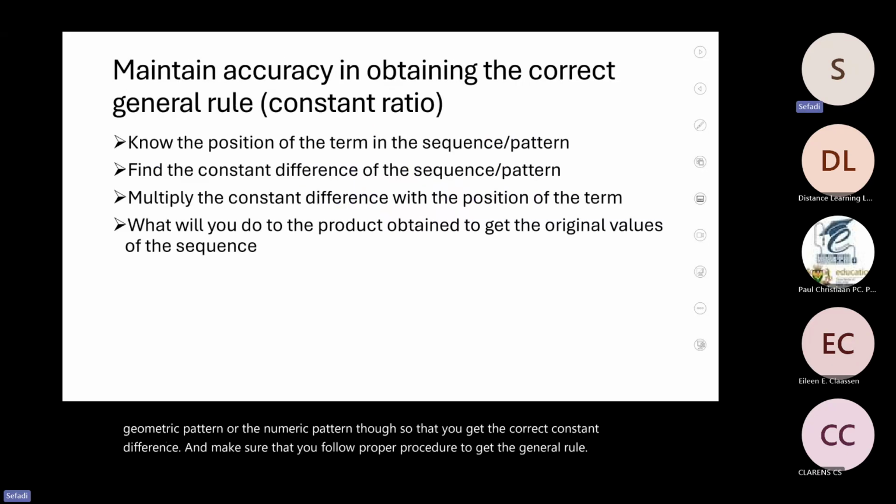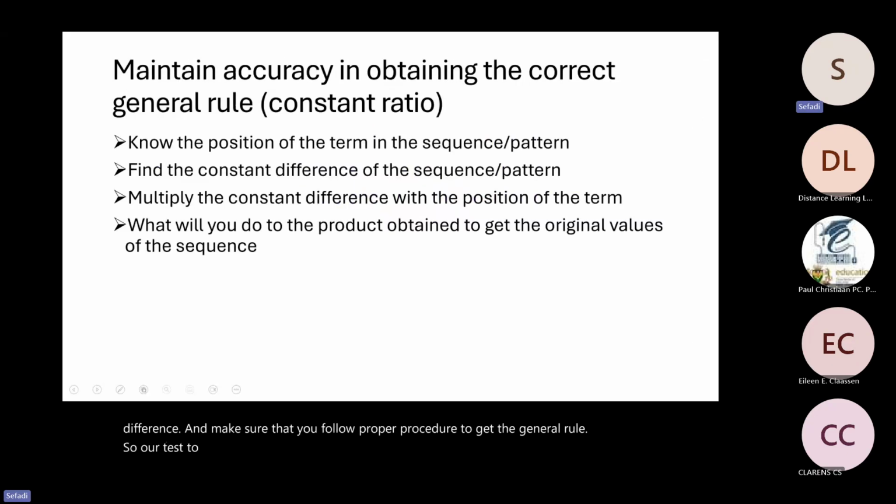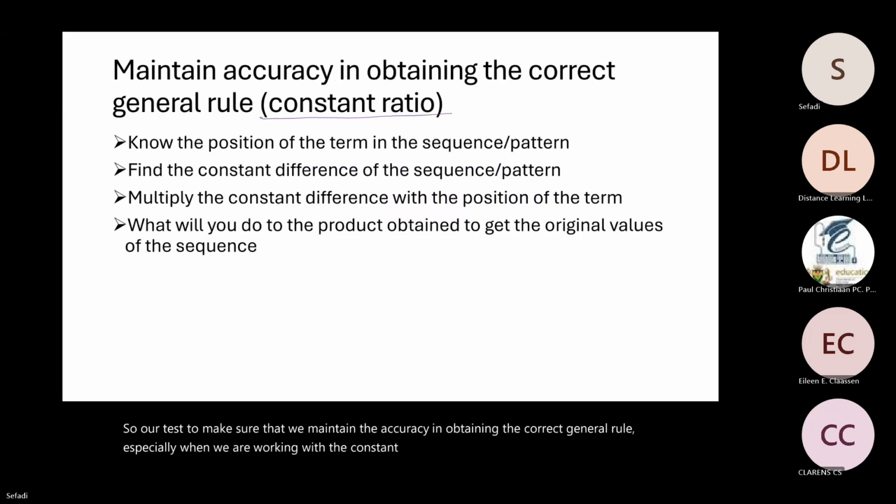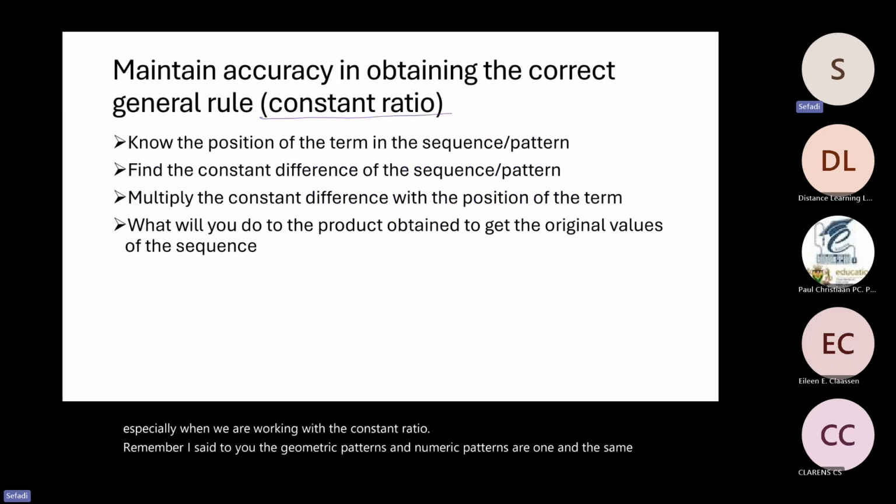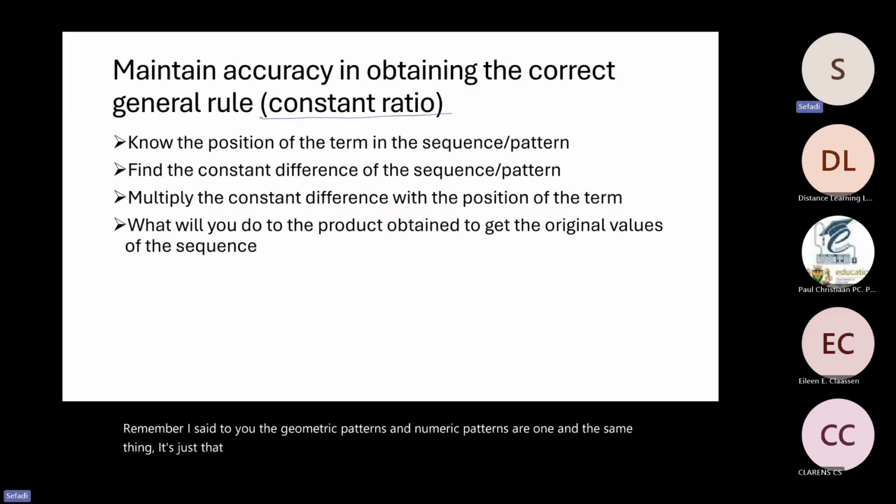So I want us to make sure that we maintain the accuracy in obtaining the correct general rule, especially when we are working with the constant ratio. Remember, I said to you the geometric patterns and numeric patterns are one and the same thing. It's just that sometimes I will write 2, 4, and 6 for numeric patterns.